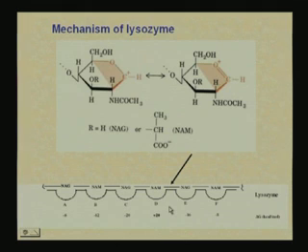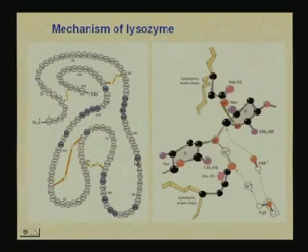It cleaves between rings, or rather sugar moieties, D and E. The active site of the lysozyme fits these 6 sugar moieties, and after it fits them in its active site groove, it cleaves between rings D and E, which is what we saw in the previous slide.